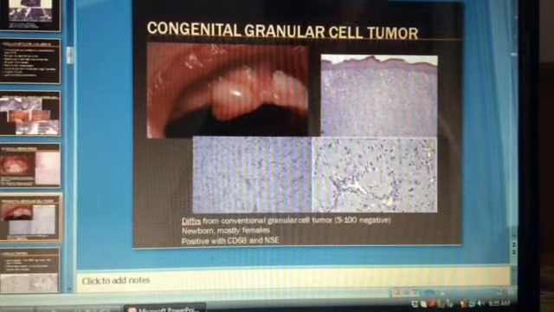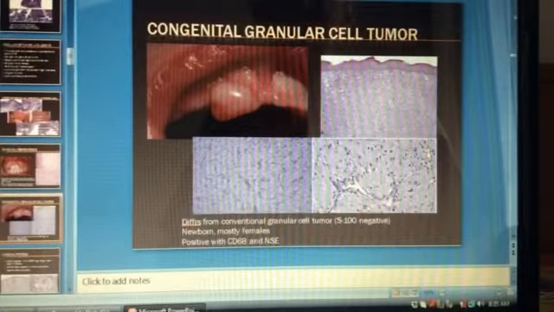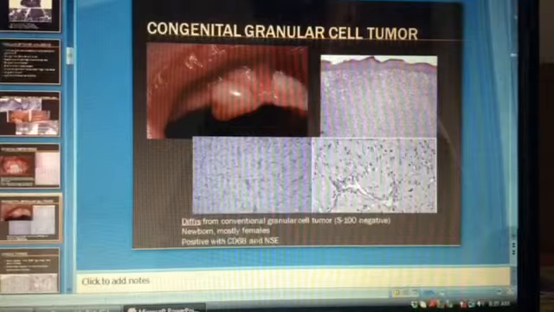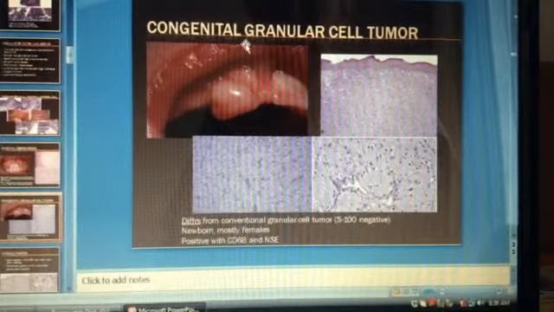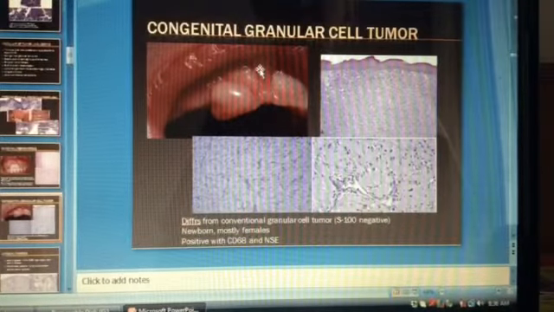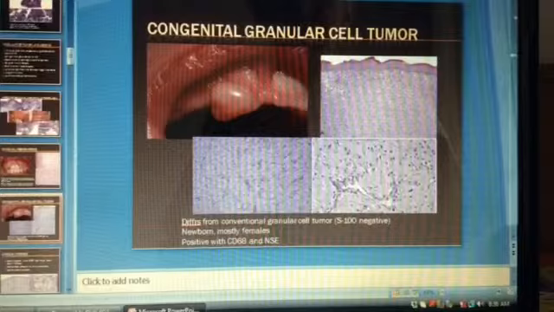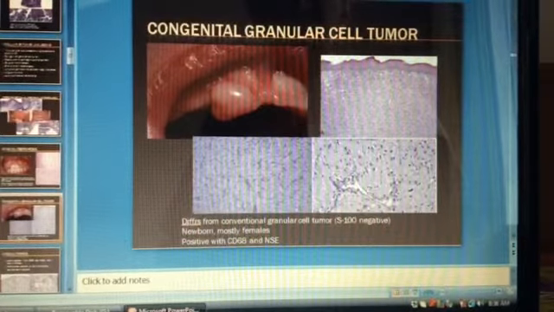Another term which has a similar name but yet not a totally similar histology is the congenital granular cell tumor. This usually occurs early in life, usually noted within the first few weeks or months of life. And it has somewhat of a granular cytoplasm, hence the name.